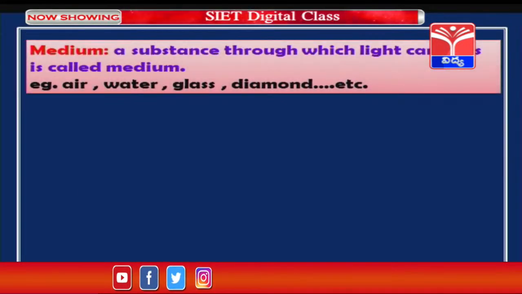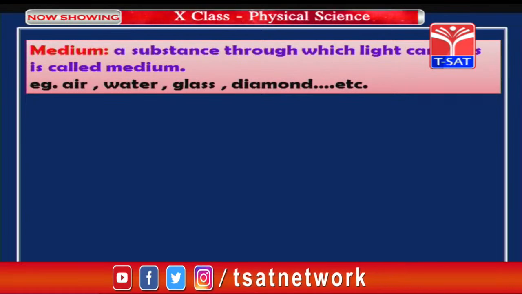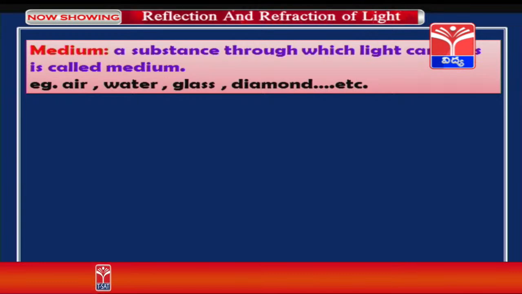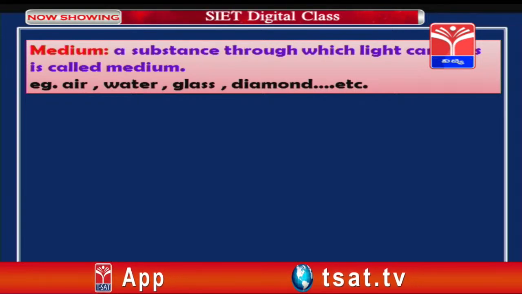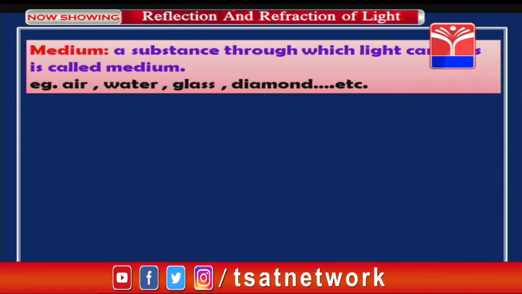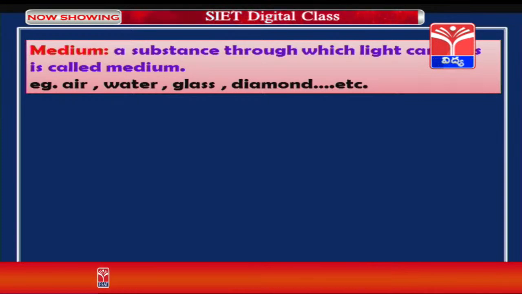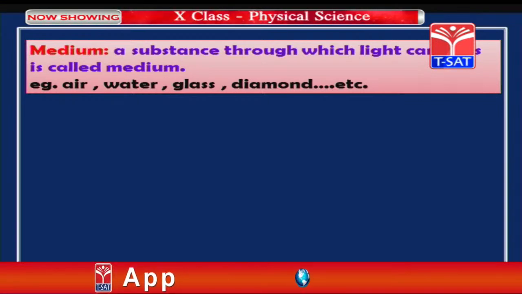A substance through which light can pass is called medium. Example for medium is air, water, glass, diamond, etc. Light can pass through air, water, glass, and diamond. So, they are considered as medium.